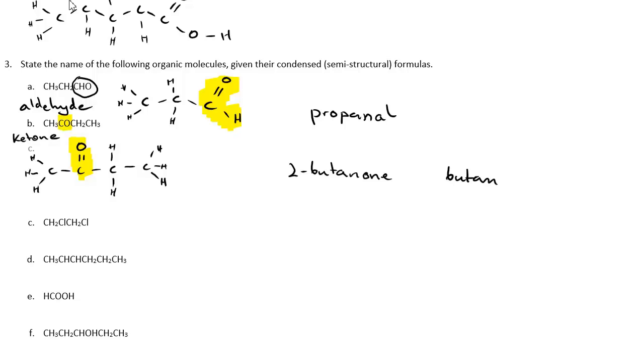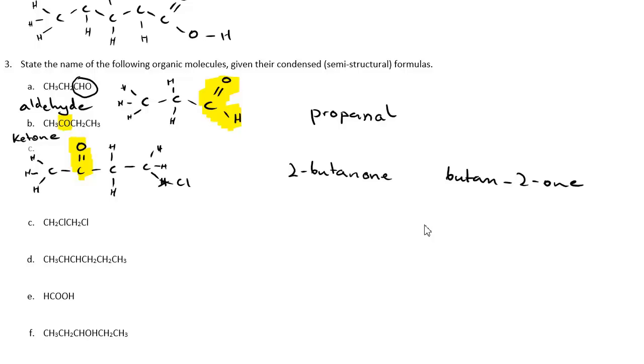Or you can of course place it in there, butan-2-one, if you wanted to. Okay, it depends on your preference. Sometimes this is more appropriate, especially if, say, that was a chlorine group there and you needed to also provide a number for that chlorine group.